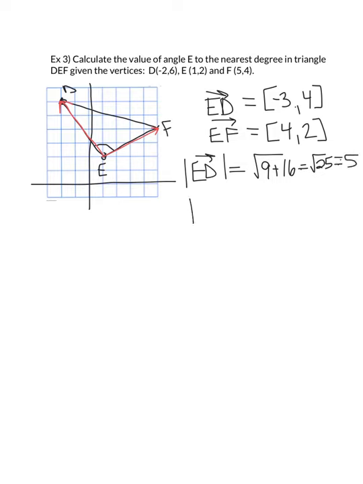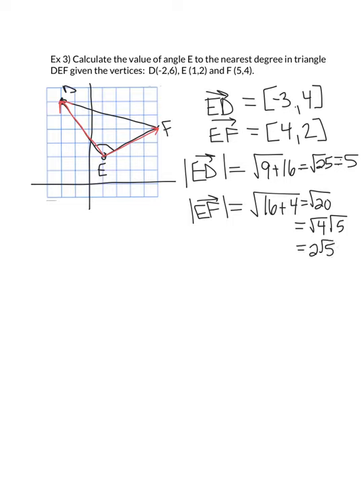And then the magnitude of EF, I'm going to take the square root of 4 squared, which is 16, plus 2 squared, which is 4. So the square root of 20, and I can break that down into root 4 root 5, which is 2 root 5.